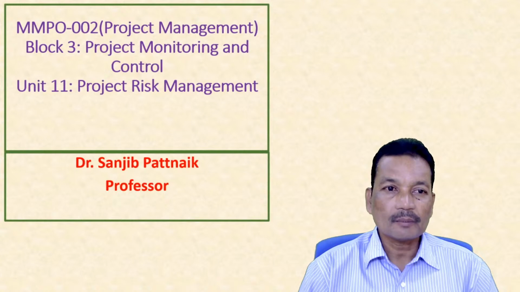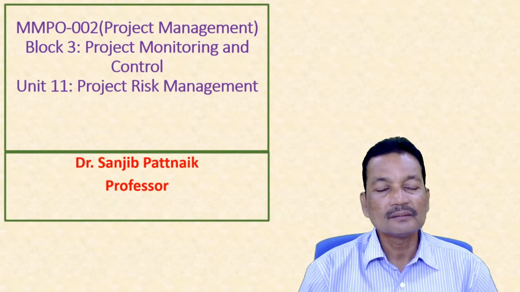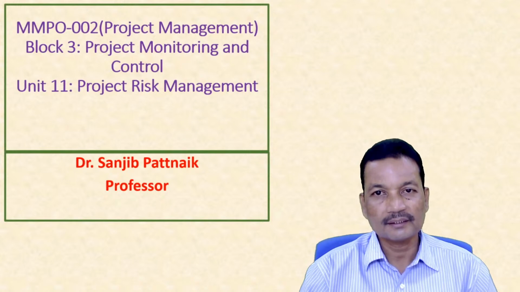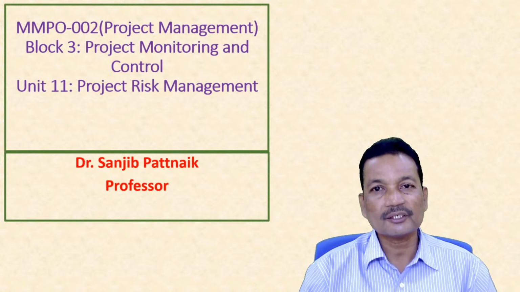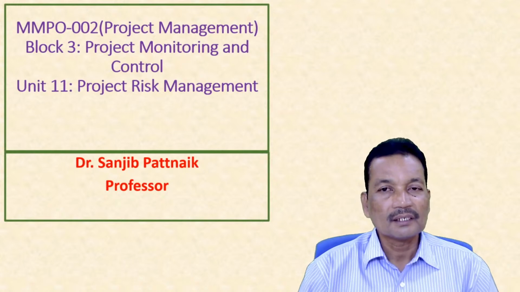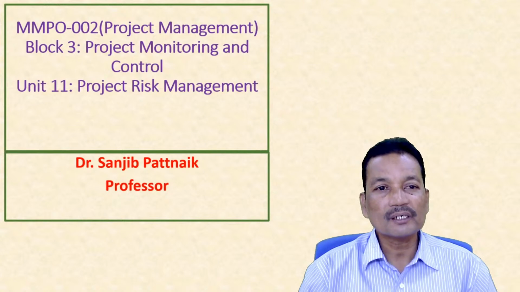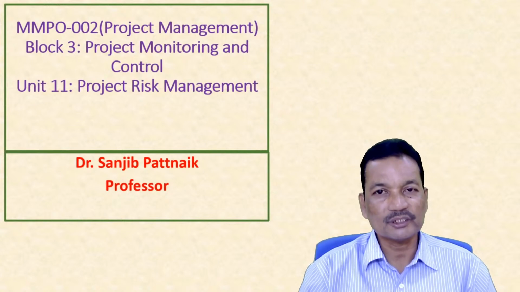We have already covered block 1 and block 2. There we have seen the various aspects of the project. That means the introduction, the planning stage, how it could be done. Now we are at the monitoring and control part of the project.